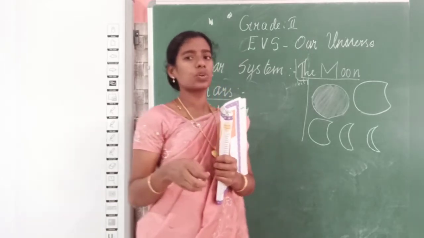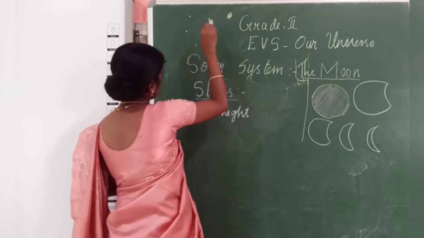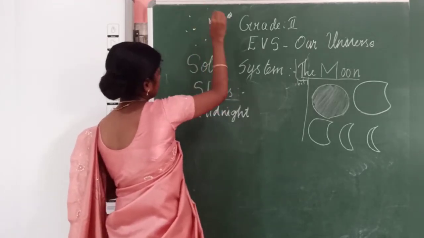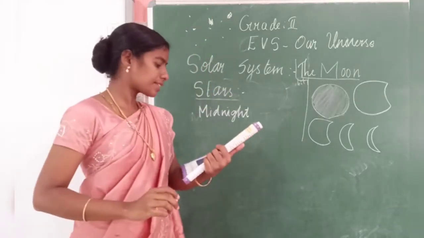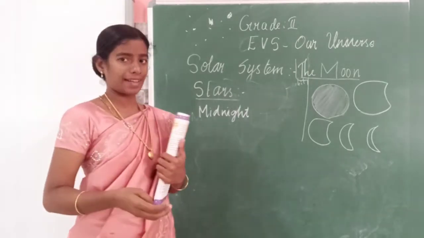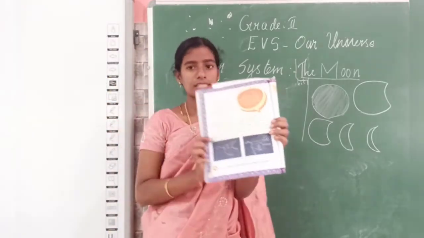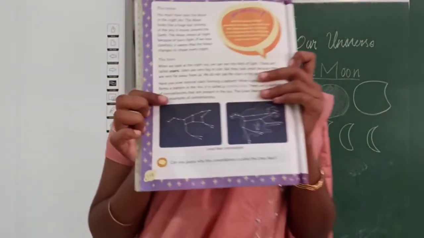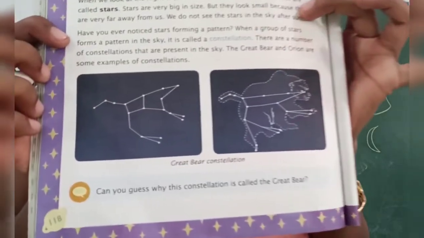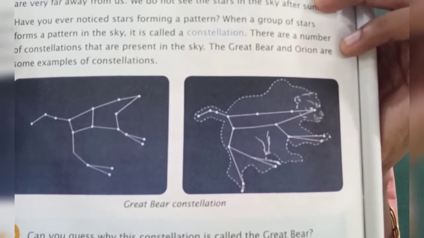And when you consider a group of stars, here you see a group of stars, and when the stars form a pattern, for example, see this picture. This is forming a pattern, right?